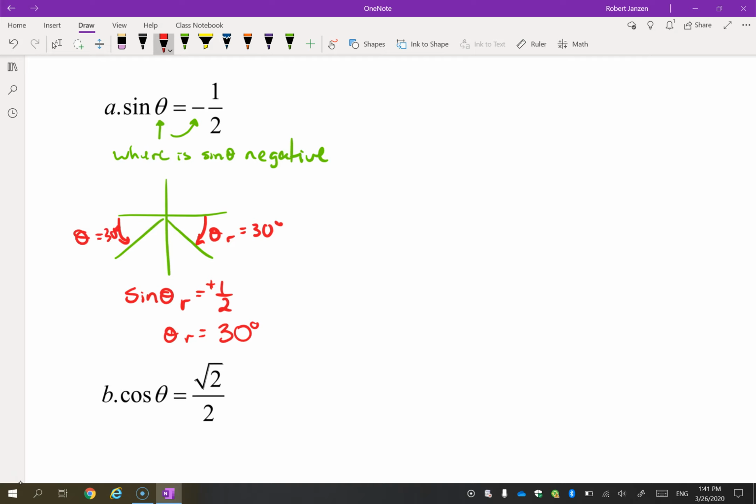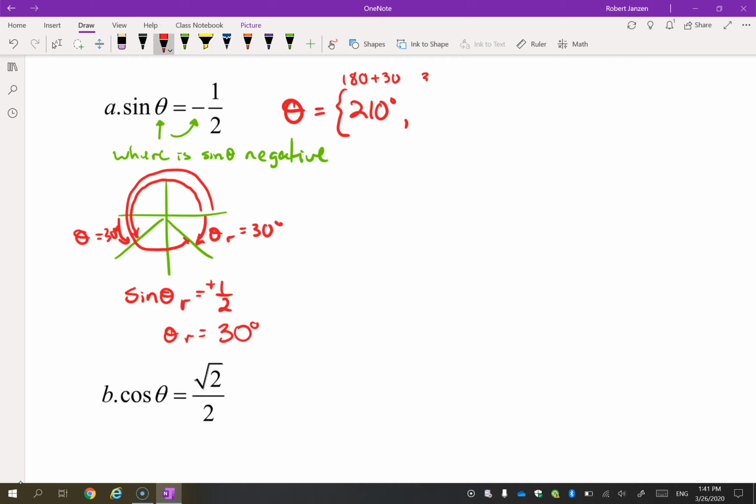So if the reference angle is 30, what is the measure of the angle? Okay, well, it's always in standard position, so if I want to go all the way around like this, that's going to be 180 plus 30. So 210 is my first answer. Okay, and then my second answer would be to go all the way around like this.